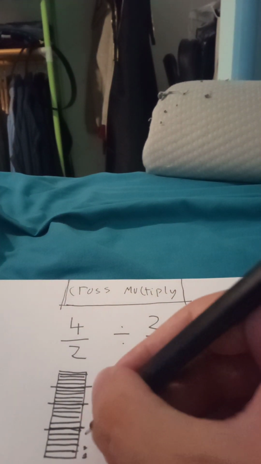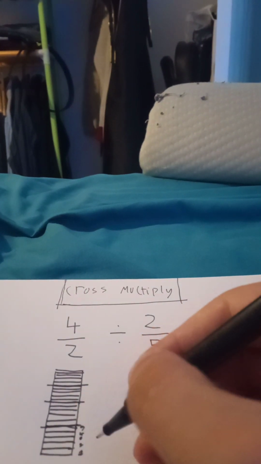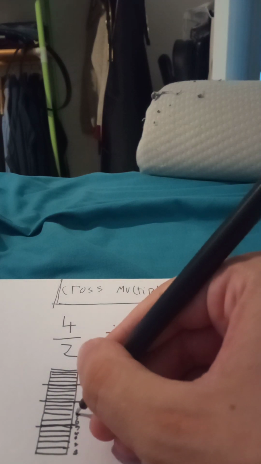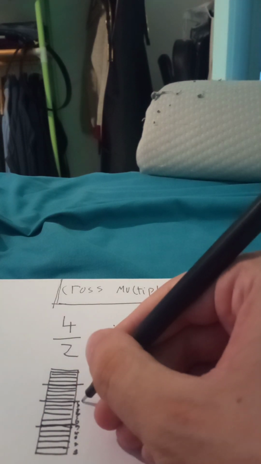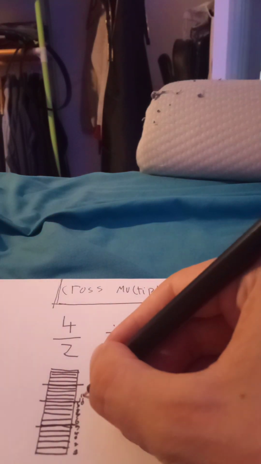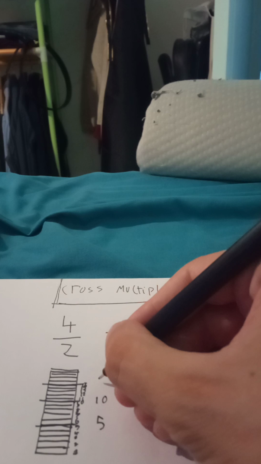Okay, 1, 2, 3, 4, 5. This shouldn't be a surprise. 5 fifths go into 1 box, and then we continue here. It's another 5 fifths, which takes us up to 10 fifths. And then it's 11, 12, 13, 14, 15. So 5, 10, 15.